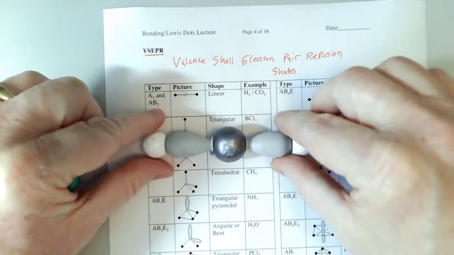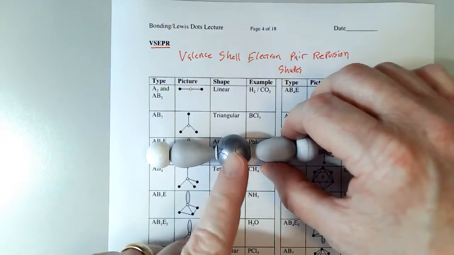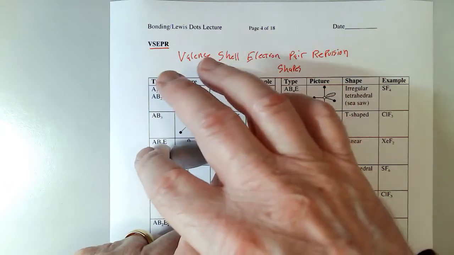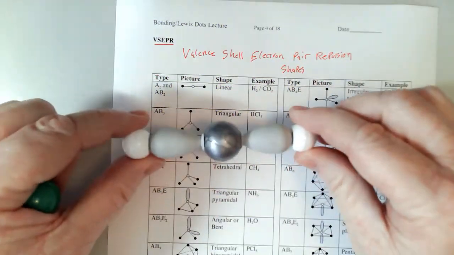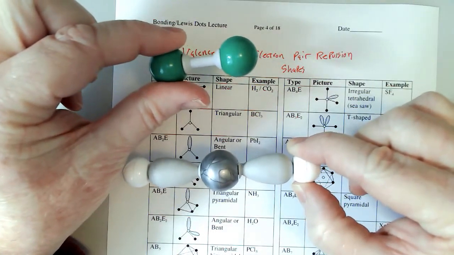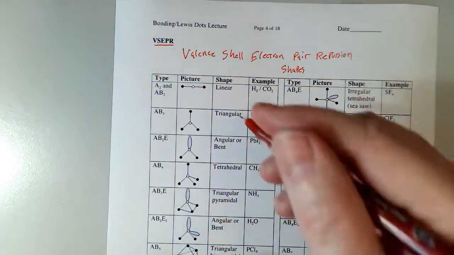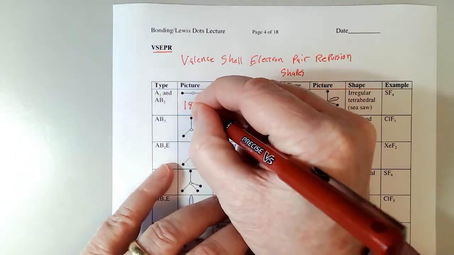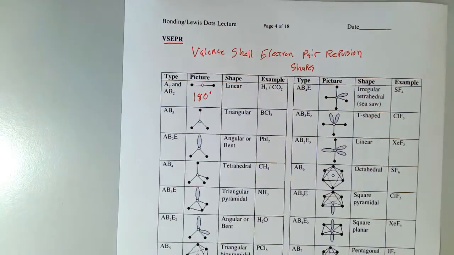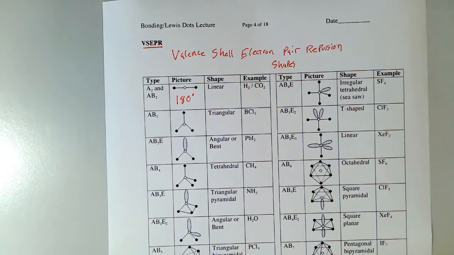Or this, where we have a central atom, which we'll call A, and then two substituent atoms that we will call B's, and in either case, these are linear molecules. It's probably important to note that the bond angle for both of these is 180 degrees. What you're trying to do is get the atoms as far apart from each other as you possibly can.